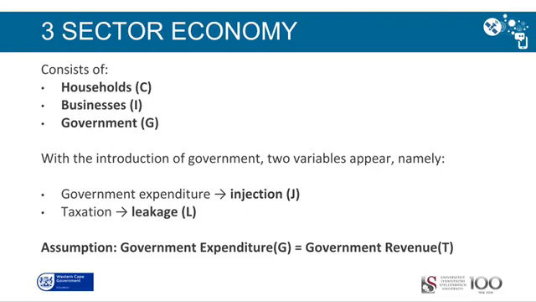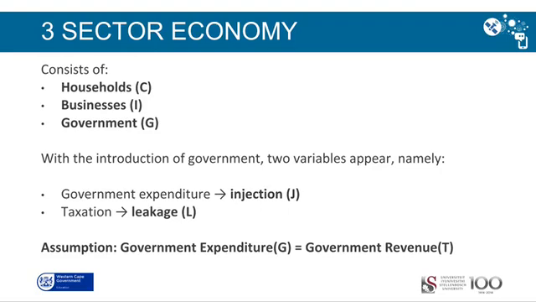So if you remember, the definition for a leakage is when money leaves the flow, whereas an injection is when money enters the flow, right? So please bear in mind there are various taxes that people have to pay. It's not only income tax.